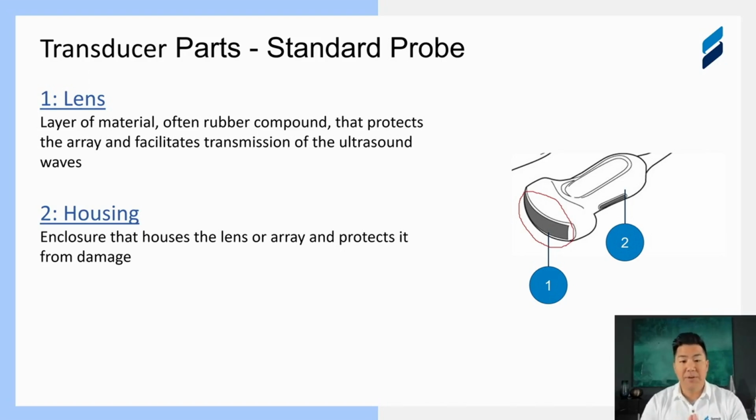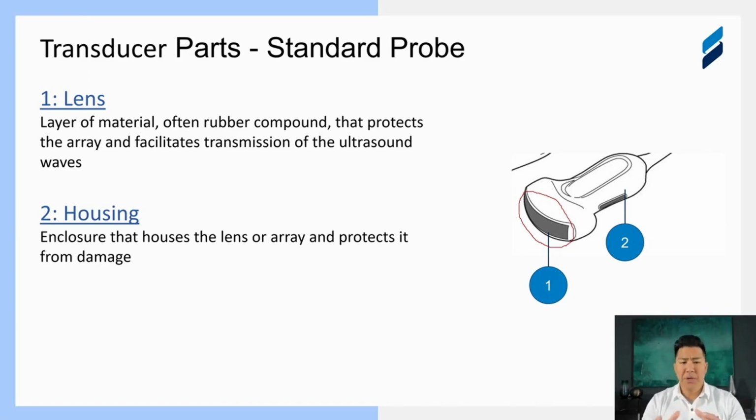This is often a rubber compound and it helps transmit the sound waves. As we spoke about before, sound does not travel through really hard, dense and rigid materials, but rubbers and water and all these different types of mediums transmit sound really well, and that's what helps promote a great image and gives you all the information that you need for a diagnosis.